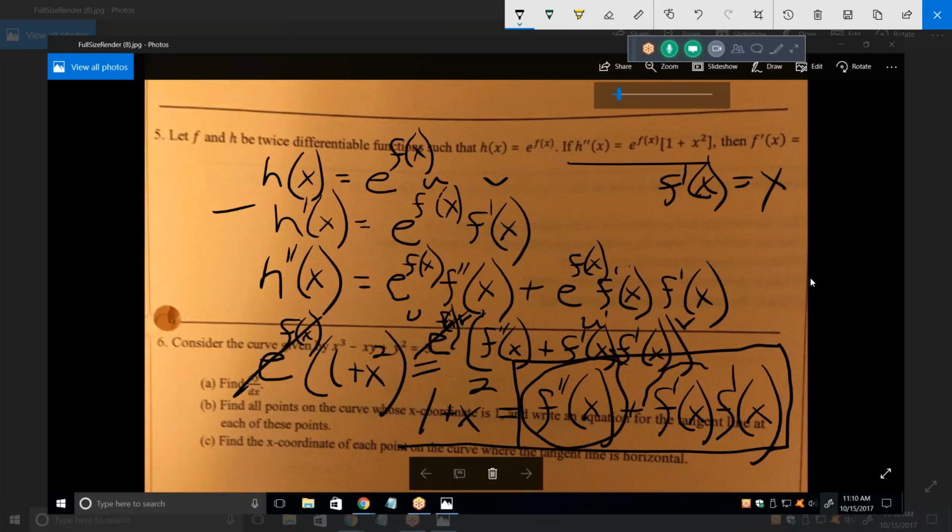And f prime of x, that's also x. x times x is x squared. So if f prime of x were equal to x, h double prime of x would equal 1 plus x squared. Again, a problem way more difficult than you're ever going to get on even the AP Calc exam.